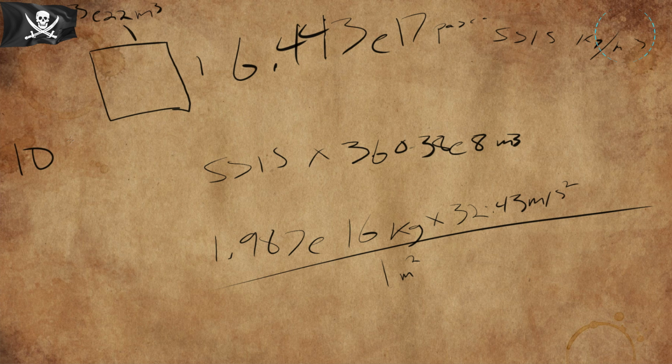10 to the 16 pascals equals the pressure at the core of the sun.